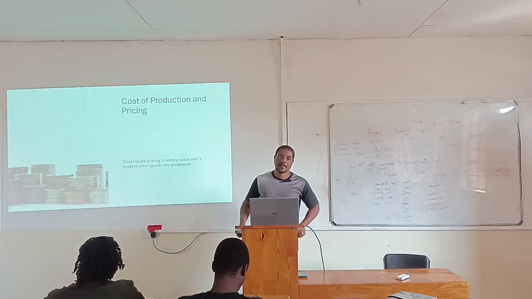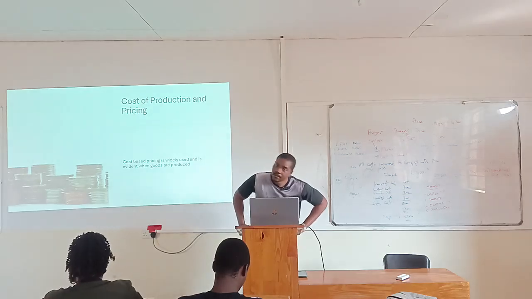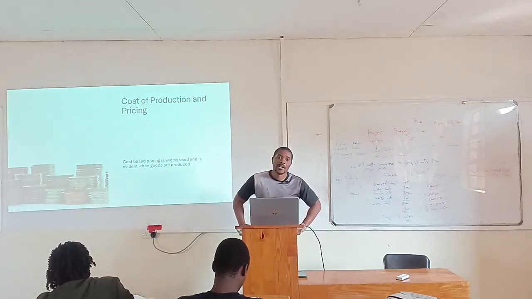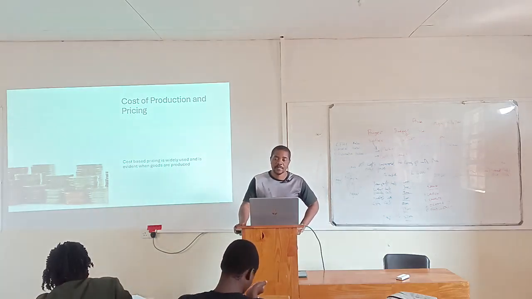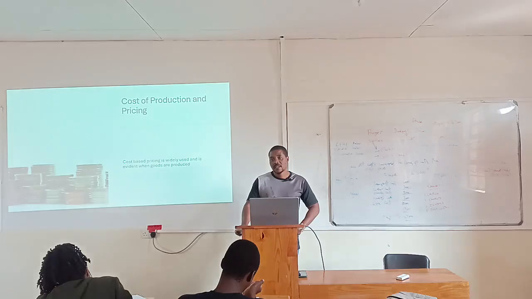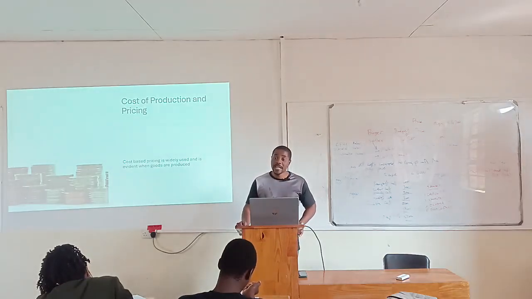Yes. Packaging costs. What else? So, warehousing costs. Yeah. Advertising costs. So all those costs, if you compound them together, they will make up a price that we are going to pay.